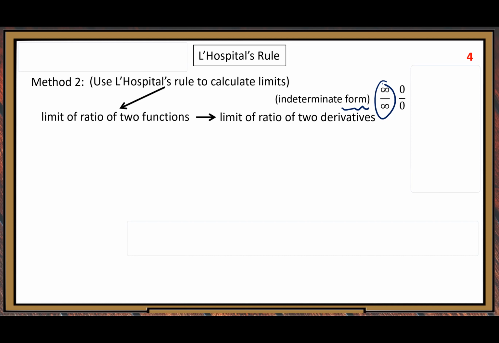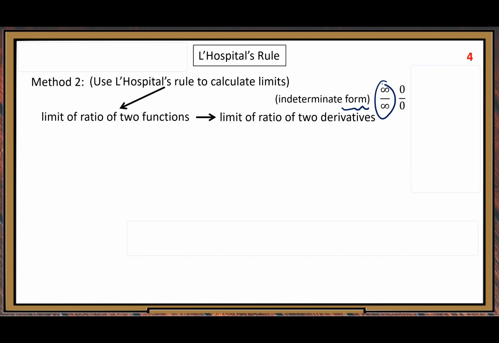Infinity over infinity could be anything, a small number, a large number, a constant. That's why it's indeterminate, because you do not know what it is.